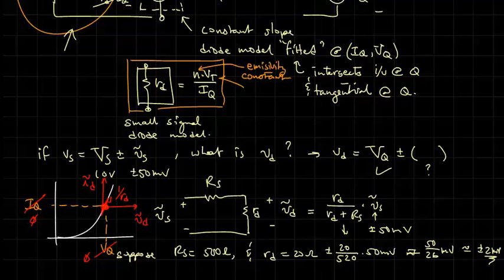And Vt is the thermal voltage, which we've seen is k, Boltzmann's constant, times the temperature of the diode divided by q, and it's approximately 25 millivolts at 25 degrees C.